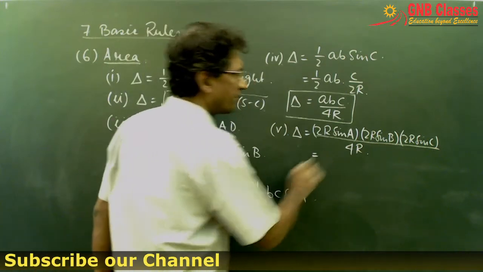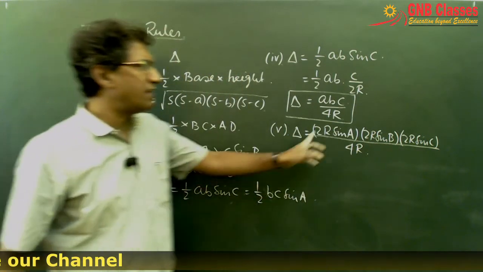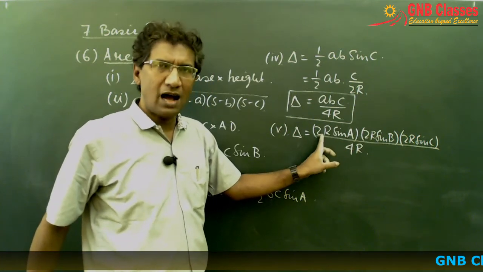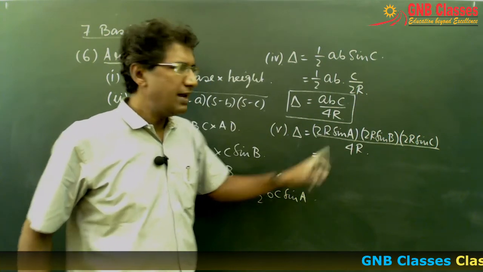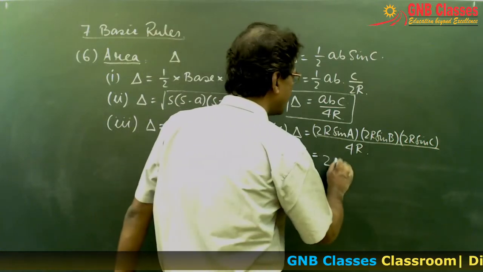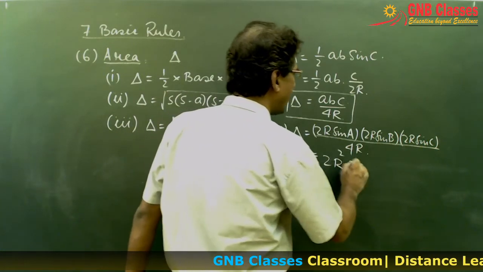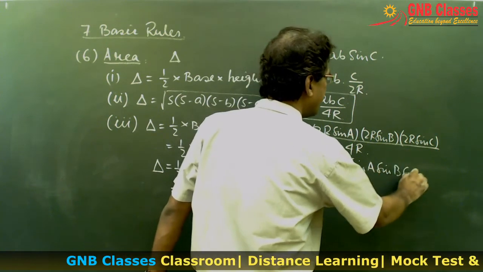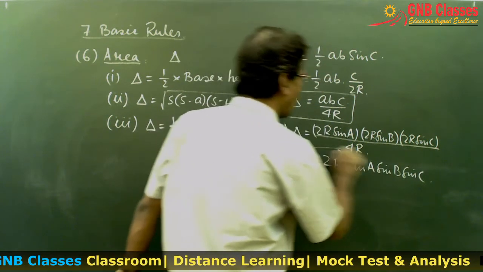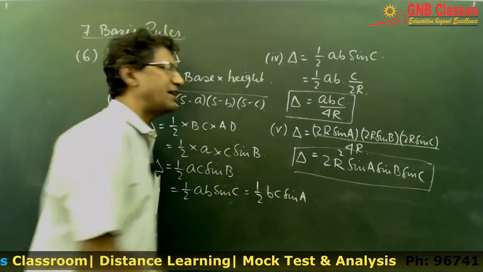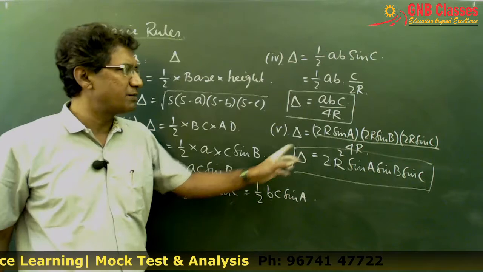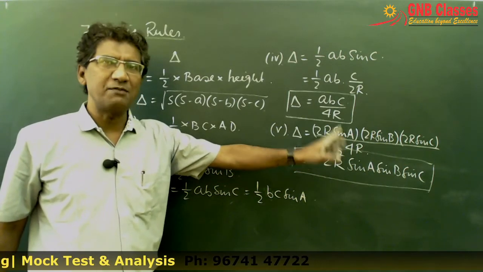So what are we getting? Look carefully. In the numerator we are getting 8R cube, which can be written as 2R square sin A sin B sin C. So this is also another formula for finding the area of any triangle: 2R square sin A sin B sin C.